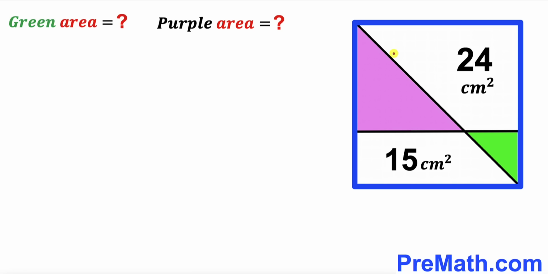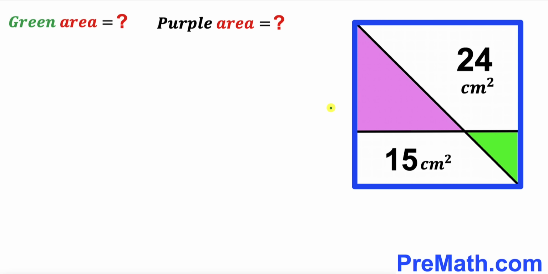Welcome to PreMath. In this video, we have got this blue square that consists of this purple shaded right triangle, the green shaded right triangle, this white trapezoid, and finally this another trapezoid as well.